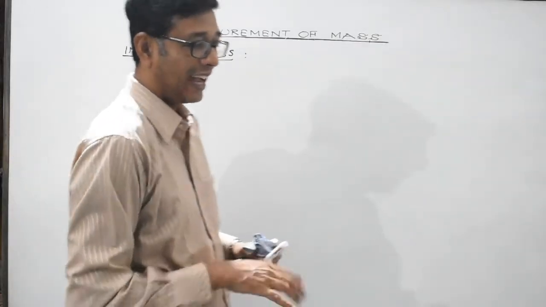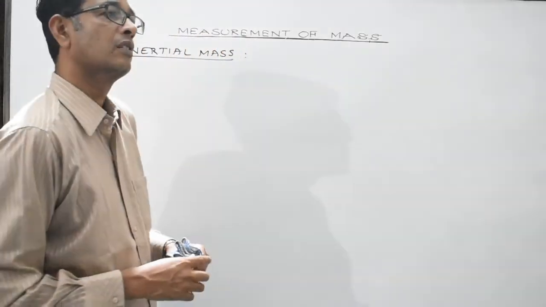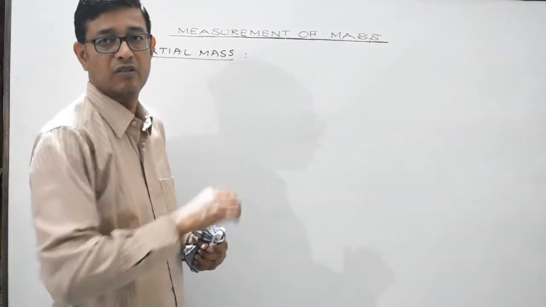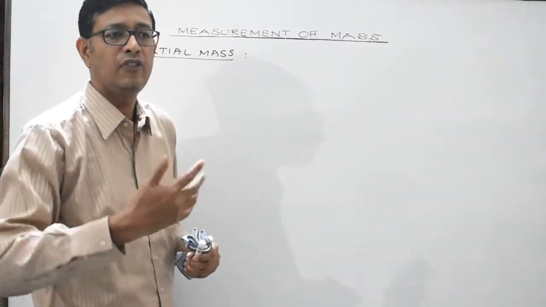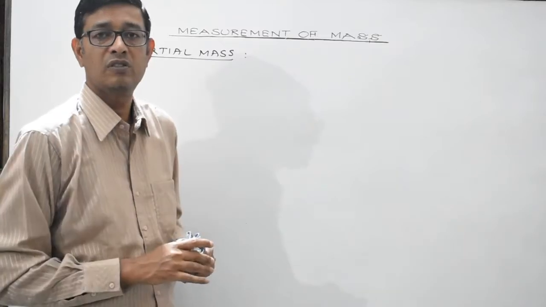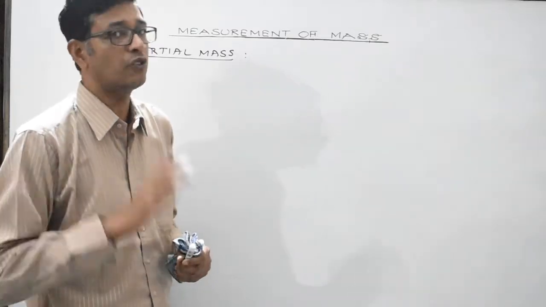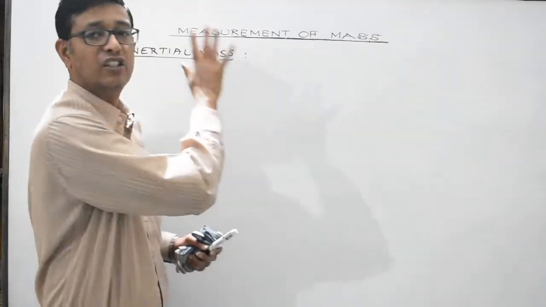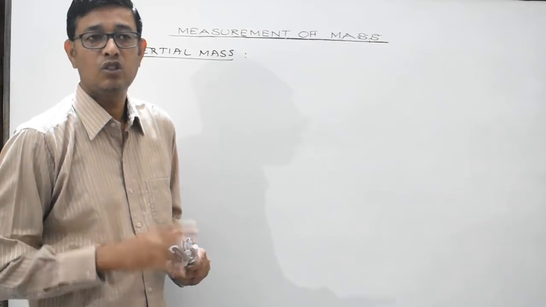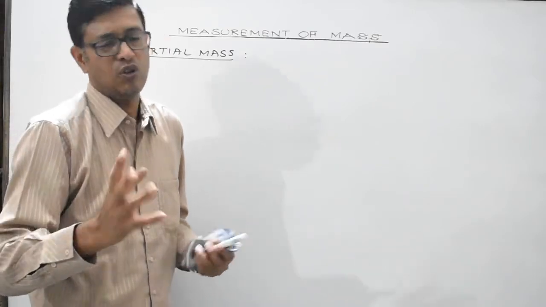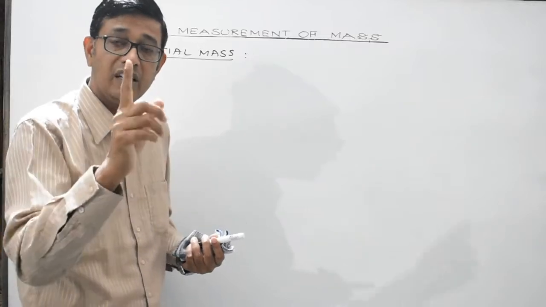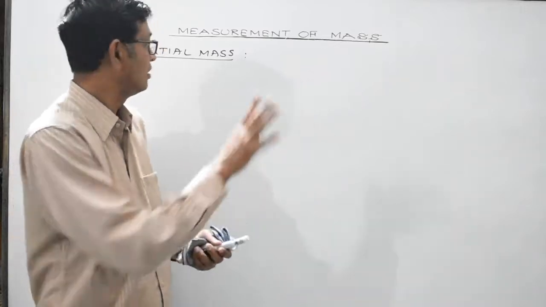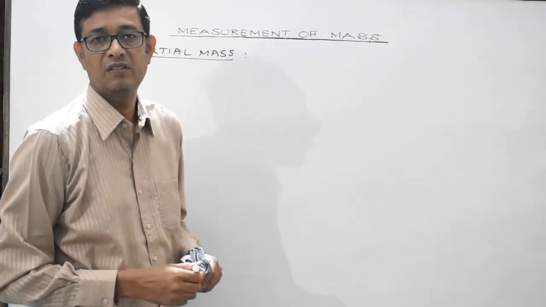So inertial mass is defined as follows: when a body is in translational motion under the influence of some external force in the absence of gravity, then the mass of the body measured will give its inertial mass, right? So the body should be in translational motion, obviously under the influence of some external force in the absence of gravity. Then the mass of the body measured is inertial mass, right?